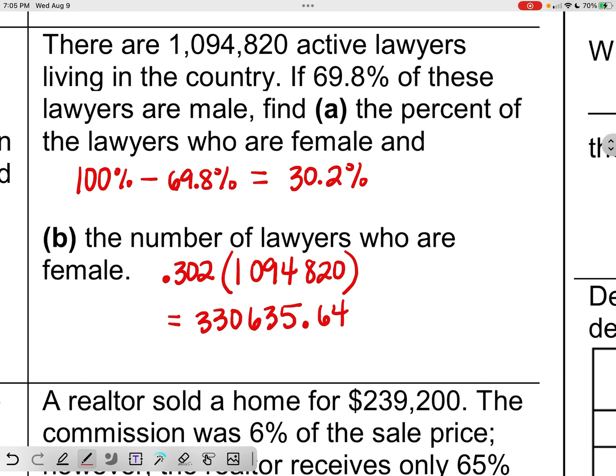Okay, and we're talking about people, so we need a whole number. This is going to make us round up because the tenths place is greater than 5, making our final answer 330,636 female lawyers. Good for them.